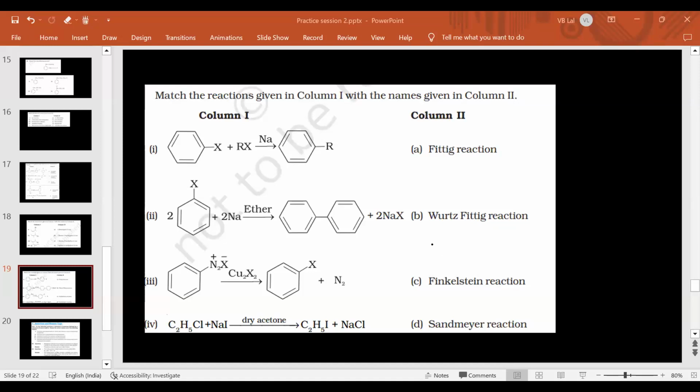Woods-Fittig reaction. Very good. Then, what about this? Ma'am, the fourth one is Finkelstein. Right, very good.